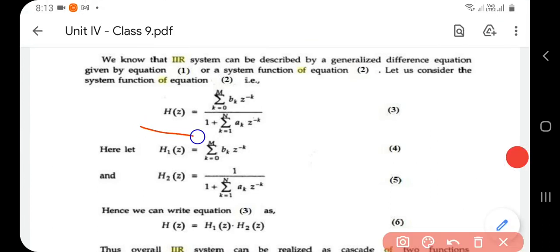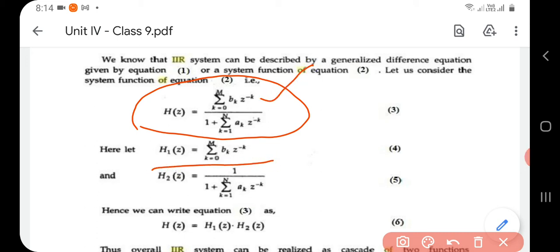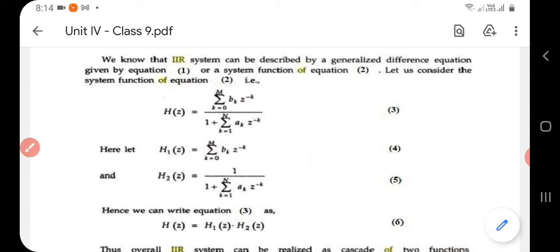This is the general equation for the transfer function of an IIR system.